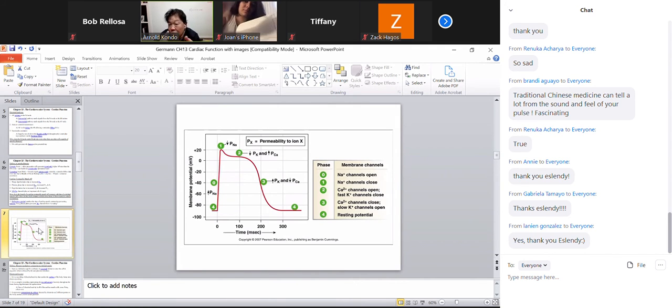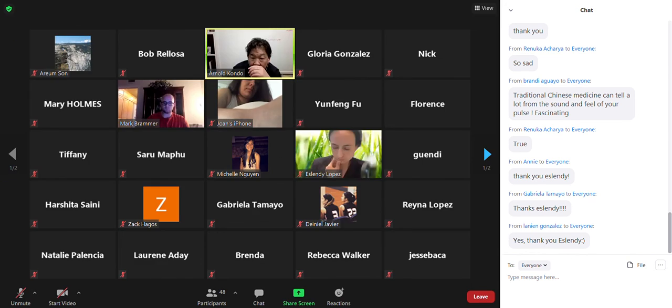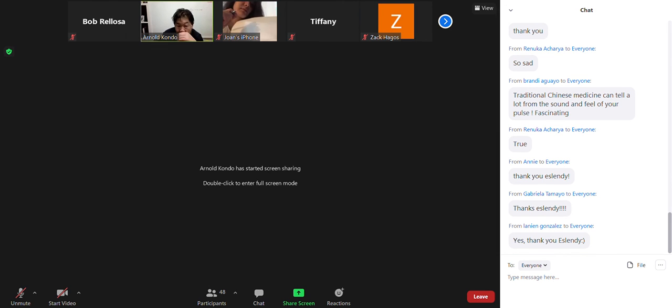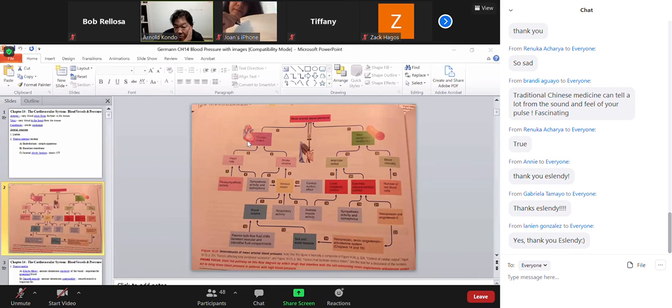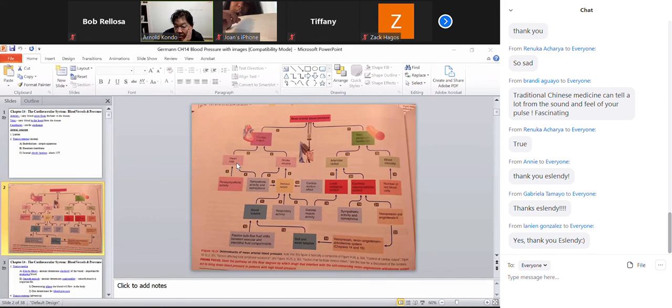And so the autorhythmic cells determine heart rate, the contractile cells determine stroke volume. And again, if we go back to this picture right here, because this is the synopsis, right? So here's cardiac output, but the heart rate here is determined by those autorhythmic cells, and really the SA node is what we're talking about.